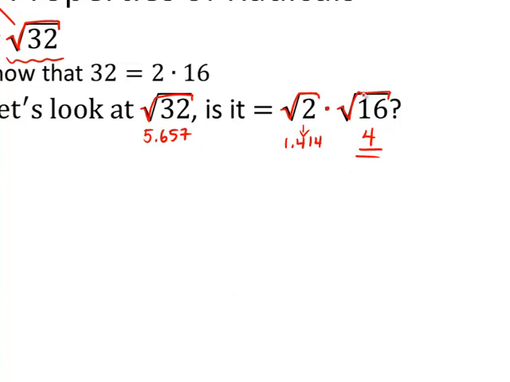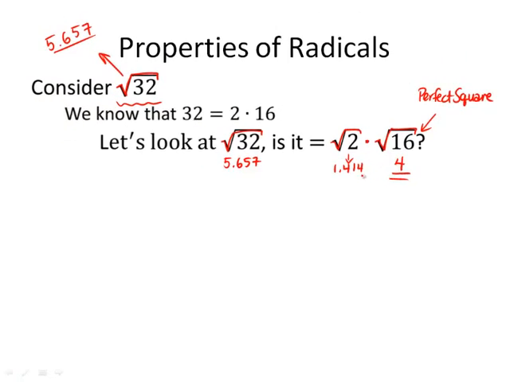Notice that when you have the root of a perfect square, it gives you a nice integer, an exact number that doesn't need to be rounded. If it's not a perfect square, it's very likely that you get a long decimal that needs rounding, and it's an irrational number.